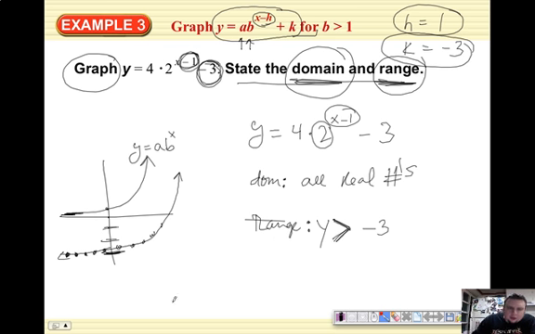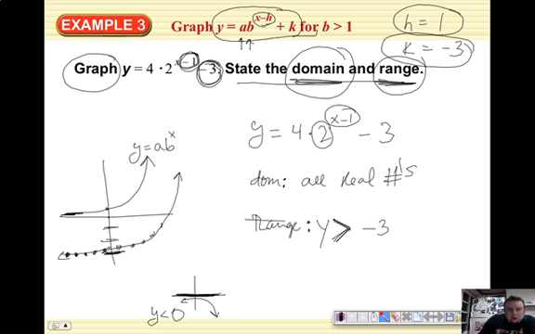What if it was flipped below, which you're going to see soon? What if you had something like this? Let me just draw that picture. What do you think the range is here? Well, everything below the x-axis, so basically this particular thing would be y is less than, because it's all down here, less than how much? How much is this? 0. Should I put an equal sign here?